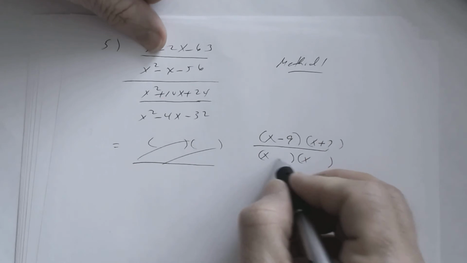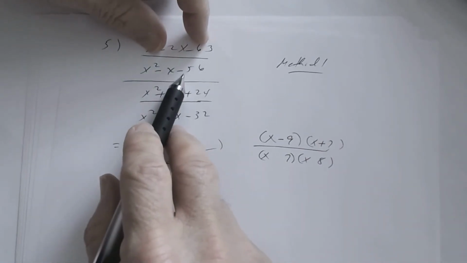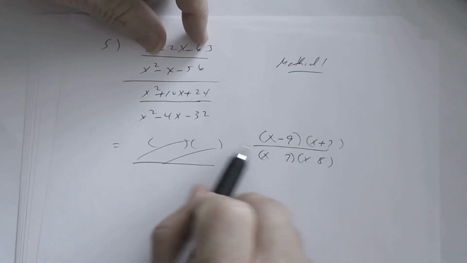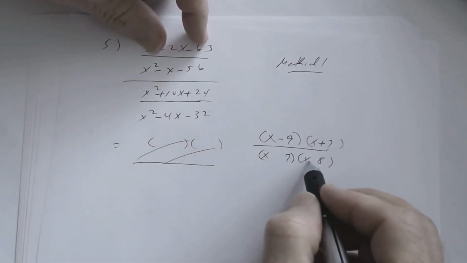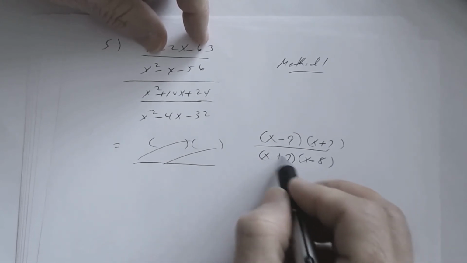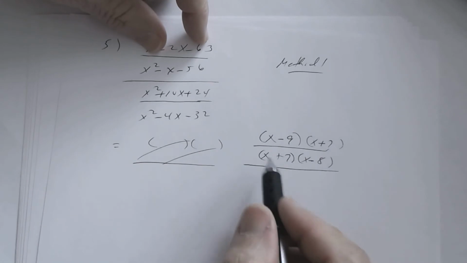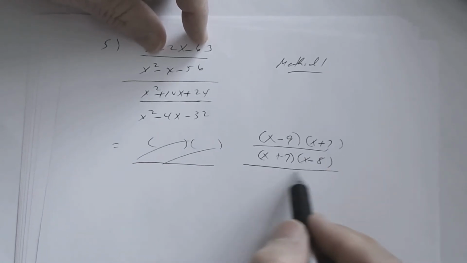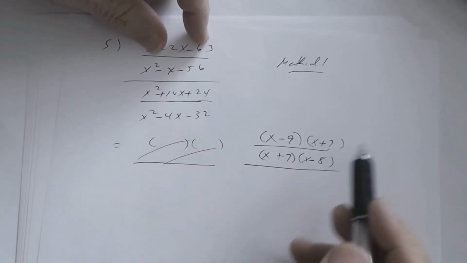So 7 and 8, and then the last sign's negative, so it means these signs are different, and I need the larger of the outer and inner to be negative. So this has to be negative and this has to be positive, okay? And always check, because the outer is negative 8x, the inner is 7x, and I do get negative 1x, and then 7 times negative 8 is a negative 56.